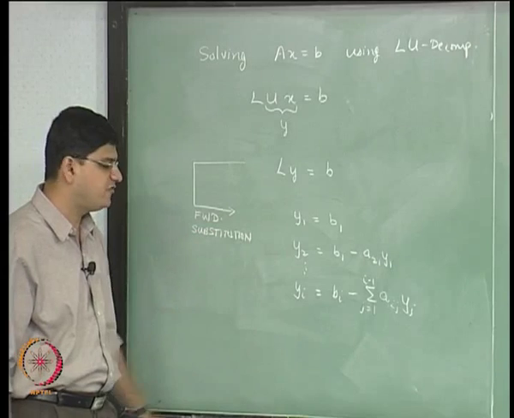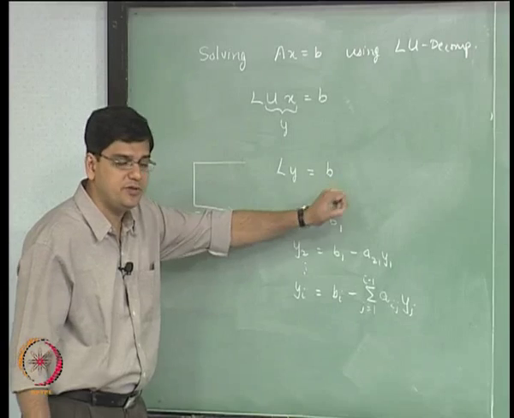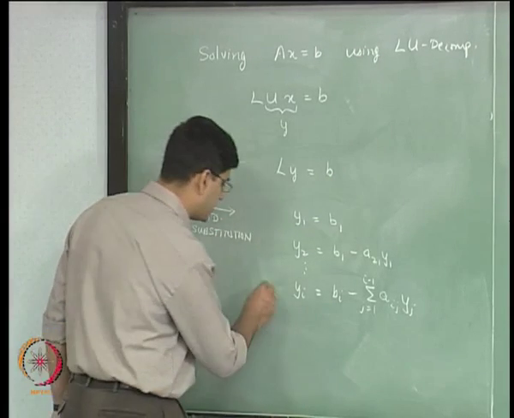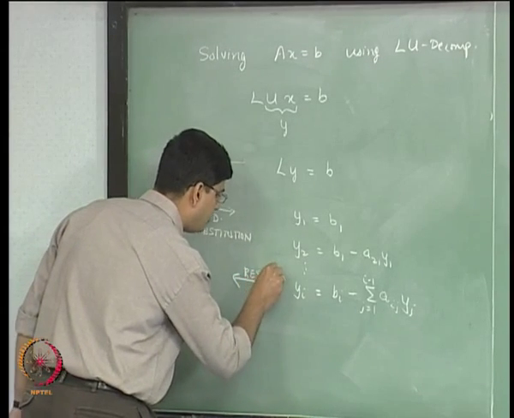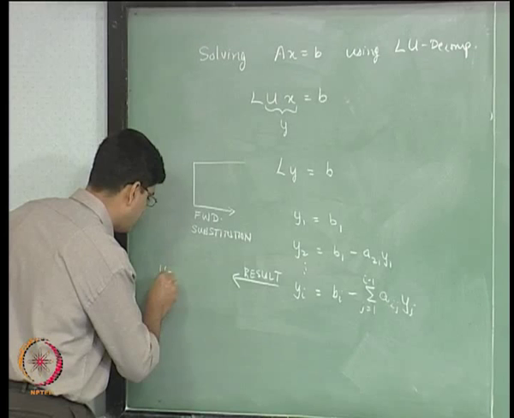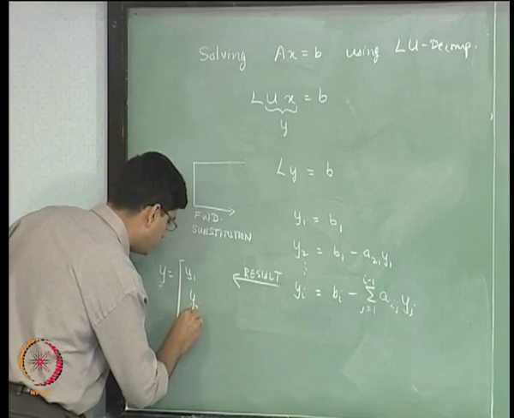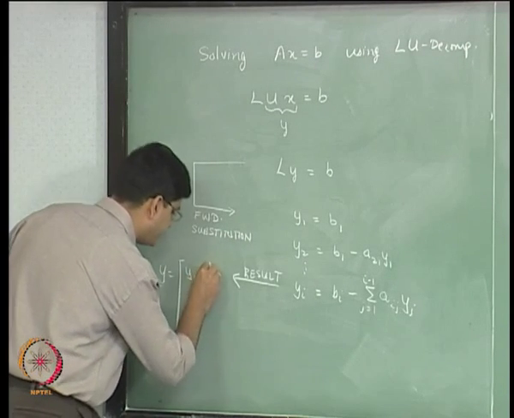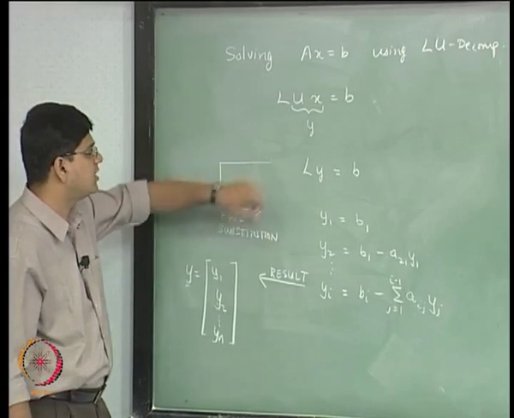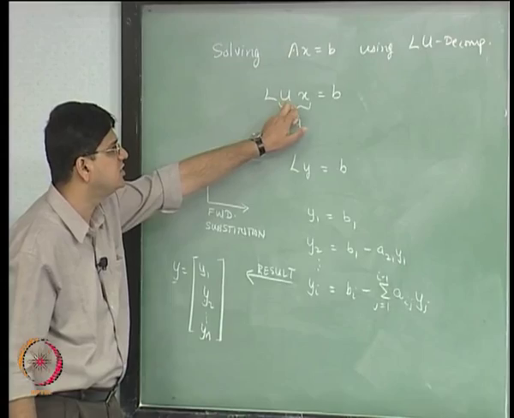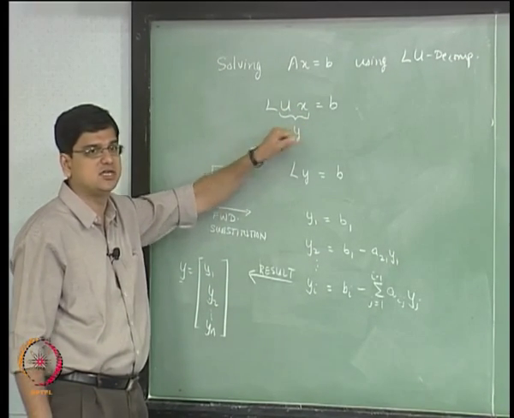So, this is what we will do in the forward substitution step. When we perform the forward substitution step, we will get the vector y. So, Ly equal to b we are solving in order to get y. The result of the forward substitution step is y bar equal to y1, y2 up to yn. This y is nothing but what we substitute in the equation Ux equal to y. Remember, we have replaced Ux with y.